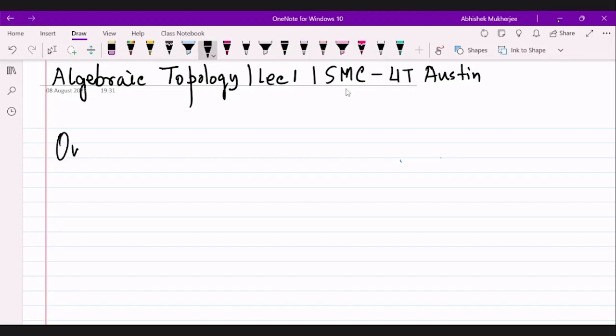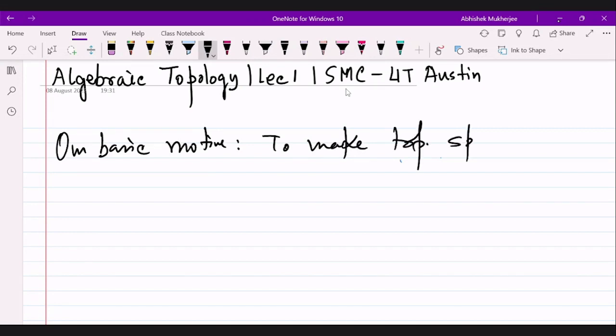So our basic motive is to make topological spaces homeomorphic to each other.